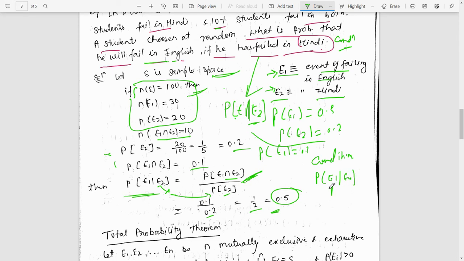When this type of thing is asked in the question, it is a conditional probability question, and you have to use this formula. Already it is given that something has happened, and you find the probability of something else happening. Any confusion, any questions, or is it clear?